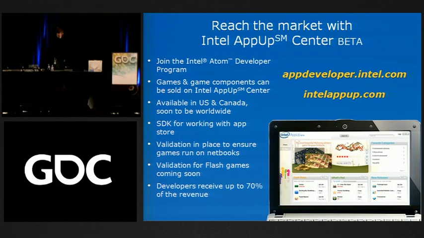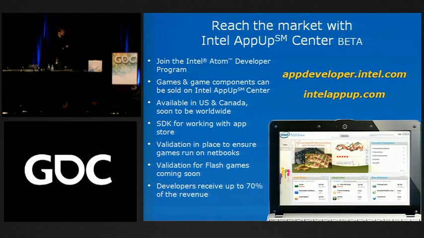Intel has created an app store so that when you develop a game, there's a validation process so that you can push your game to the netbook users, and all the games and applications that are on the app store are guaranteed to run well on a netbook. So the idea is you sign up for the developer program, you can sell your game or game components, right? So if you have an efficient math library that you've created or something, you can also sell that kind of stuff as well. You can create your full game.